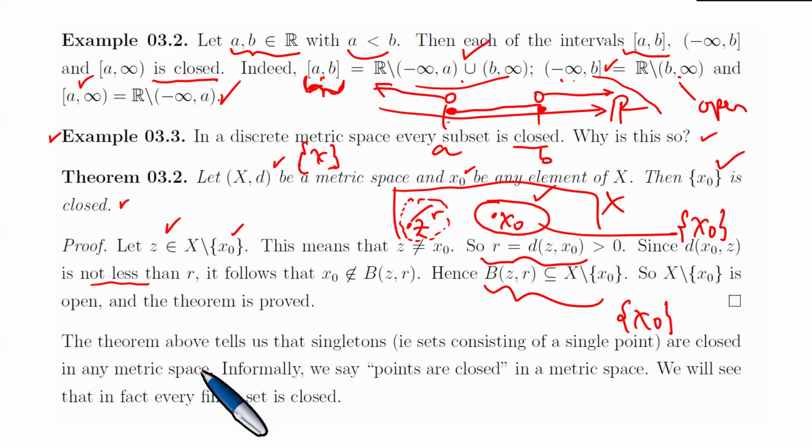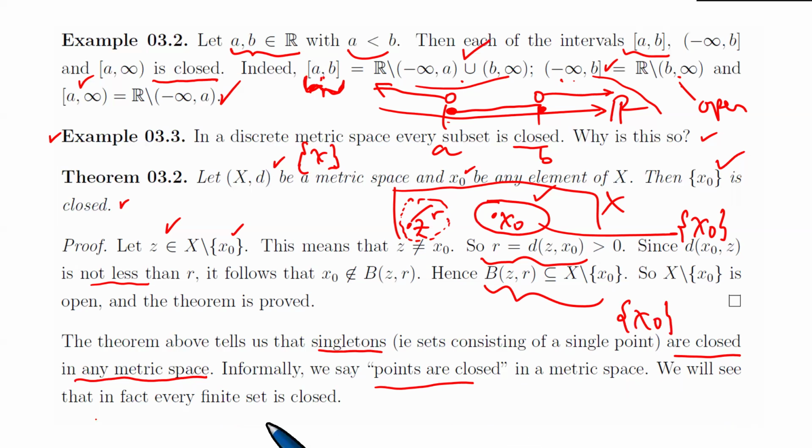The theorem above tells us that singletons, that is, sets consisting of a single point, are closed in any metric space. Informally, we say points are closed in a metric space.